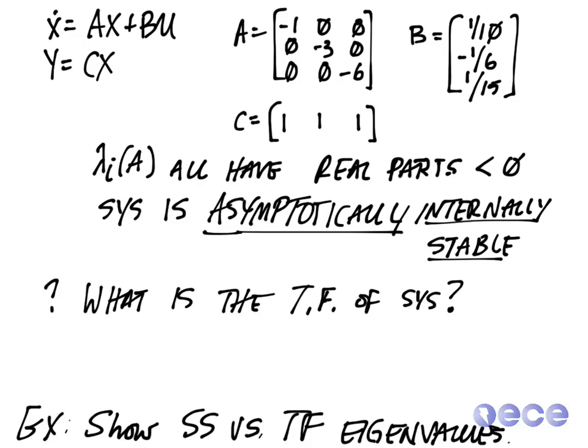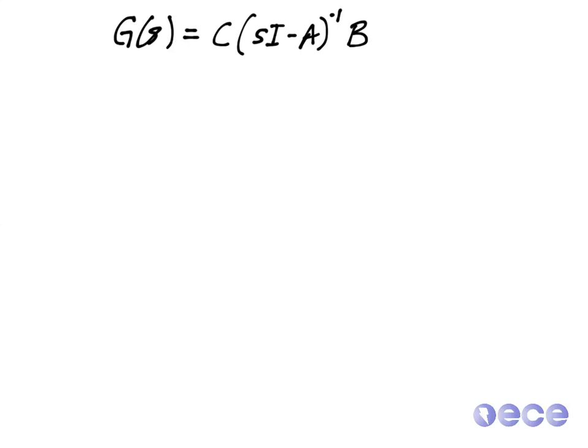Well, in order to see what our transfer function is, we're going to go back to our definition of the closed loop system in terms of the transfer function. So the transfer function G(s) is equal to C times (sI minus A) inverse times B. If you forgot where this came from, I encourage you to go look at x dot equals Ax plus Bu.